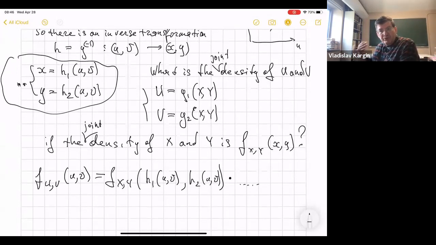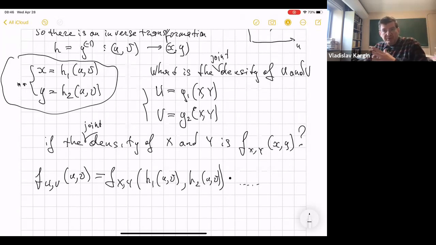If you want to figure out how the area element changes when you apply some transformation, then you calculate something called the Jacobian. And when you changed the variable in an integral, you calculated the Jacobian.